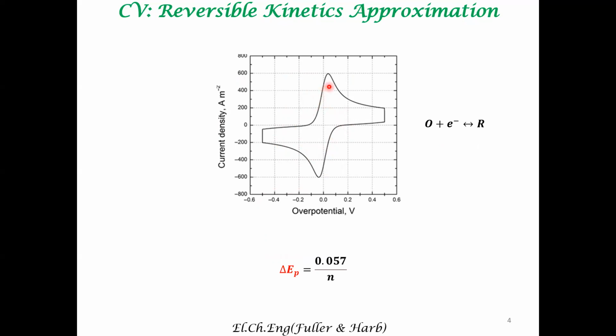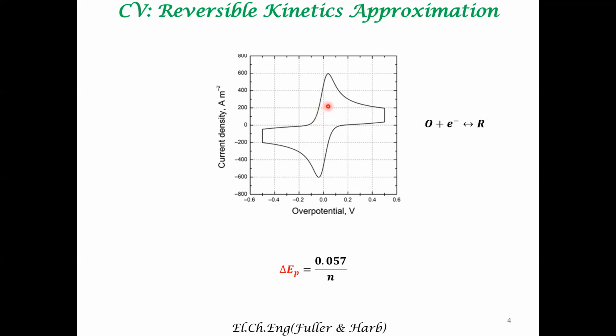So why is there a peak? The peak is because of the convolution of two effects. As we go in the anodic direction, the thermodynamic driving force for oxidation increases, right? What do I mean by that? R will get oxidized to O. So as we move in the anodic direction, the thermodynamic driving force increases, and beyond a particular onset potential, oxidation starts occurring.